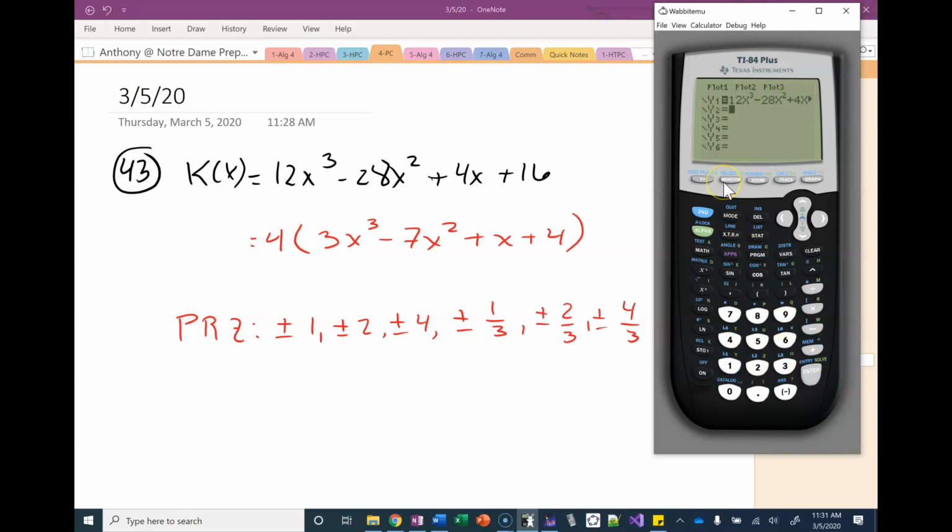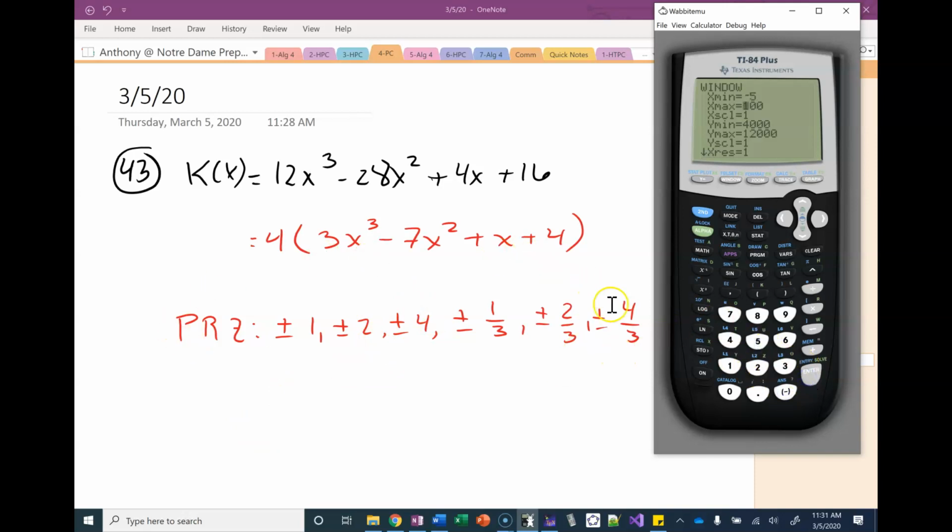So that's there. And I'm going to pick a window because last time I was using my calculator, I was changing the window, so I know I'll probably need to do that. For the x min, I'm going to pick something a little bit smaller than the smallest number on this list that I have here. So the smallest number on this list is -4, so maybe I'll use -5.